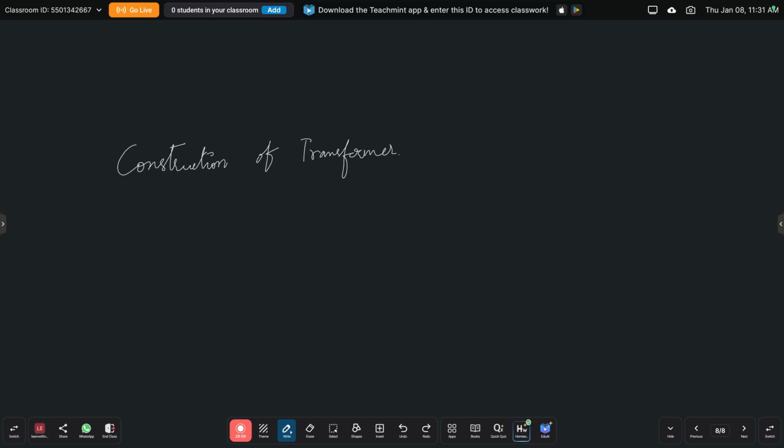Transformer is very simple in construction. It consists of mainly two parts, that is magnetic core and second one is coils or windings.